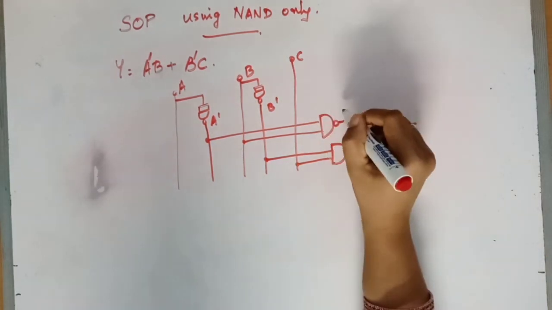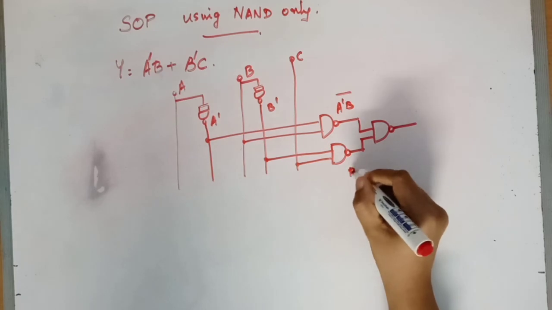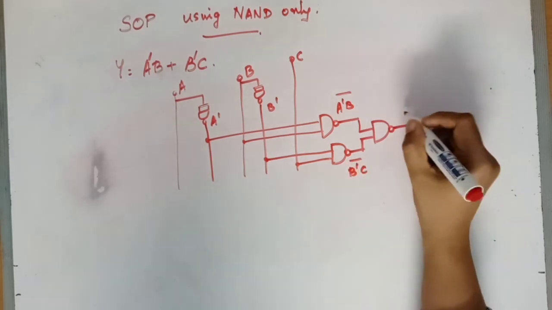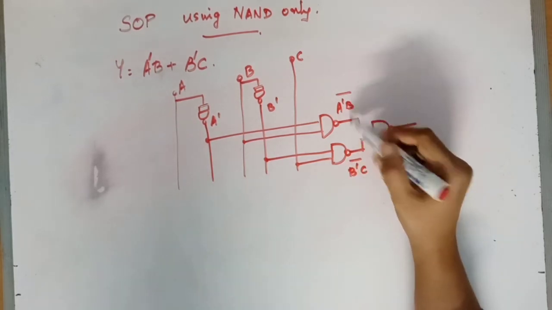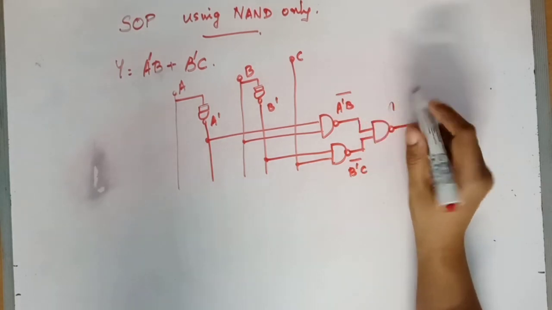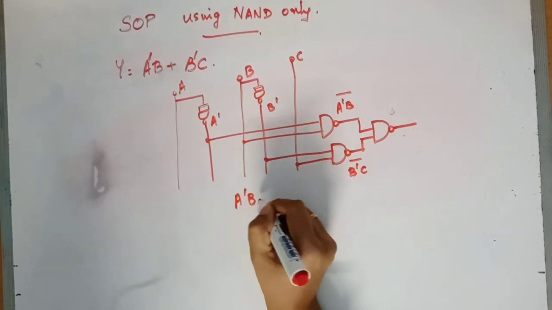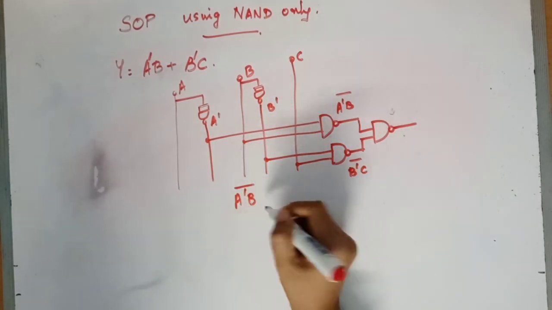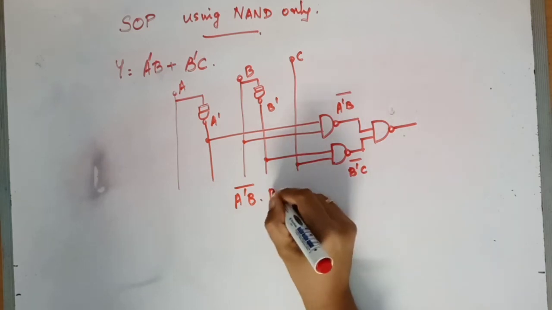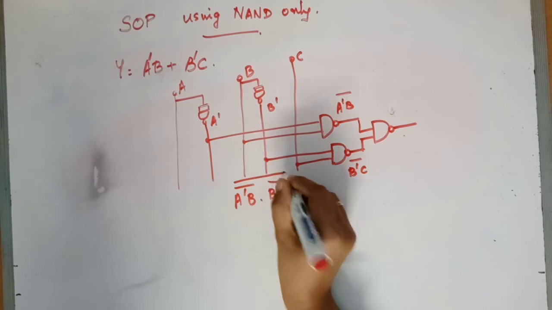So this will be A bar B the whole complement, this will be B bar C the whole complement, and then these two products, that is A bar B complement dot B bar C complement, the whole complement.